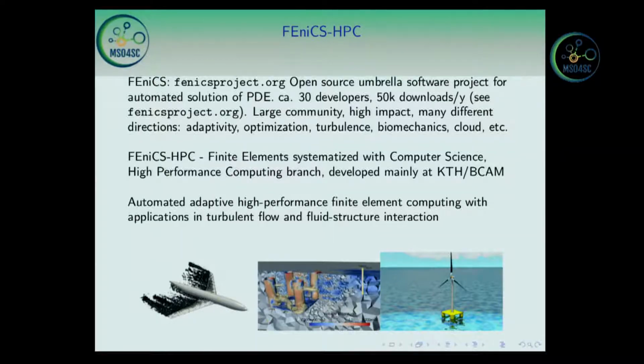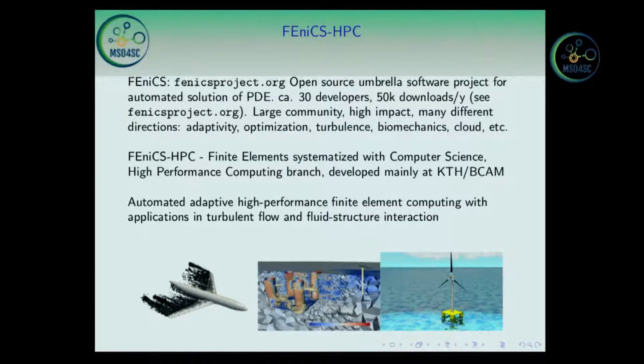What we try to do is automated, adaptive, high-performance finite element computing, and the main applications are in turbulent flow and fluid structure interaction. And here you can see some typical images: aerodynamics, ocean energy, marine energy, and the application of a floating wind turbine.